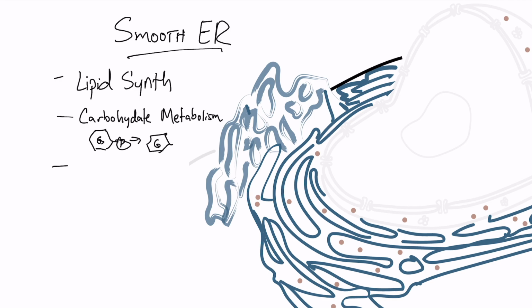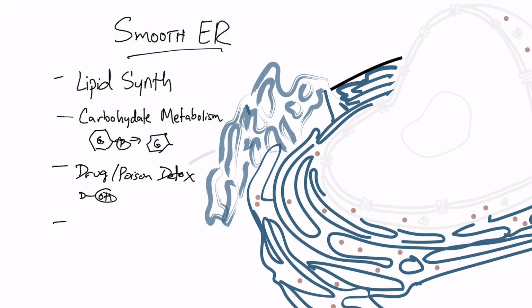And the third function is drug and poison detoxification. The smooth ER is involved in that. That means that, for example, a hepatocyte, which is a liver cell, has enzymes that will add hydroxyl groups to alcohol. So say you have a drug or a poison, and the hepatocyte will add these hydroxyl groups to, for example, alcohol or barbiturates or other drugs, and help flush them out of your system.